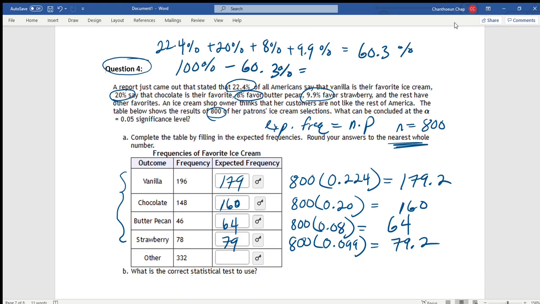This gives me 39.7%. So I know 800 times 0.397 is the expected frequency for other flavors. We get this is equal to 317.6, then that rounds to 318. So we expect about 318 out of 800 to prefer other flavors.